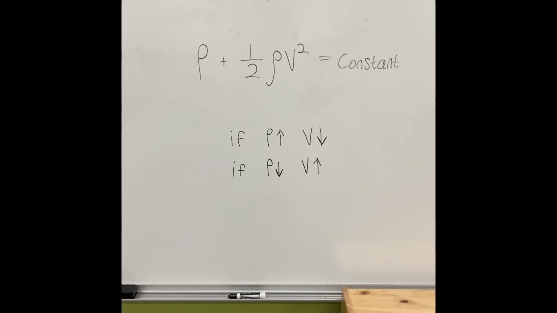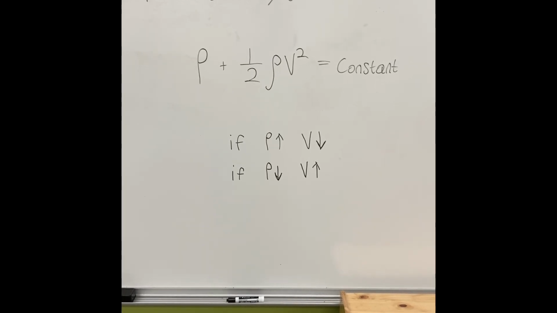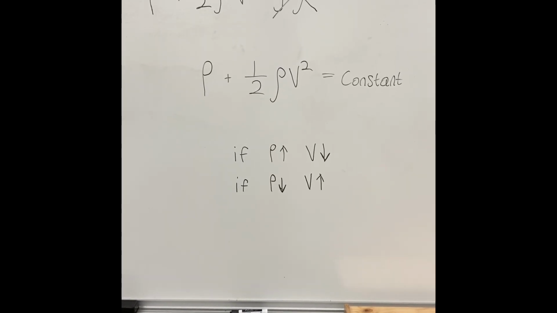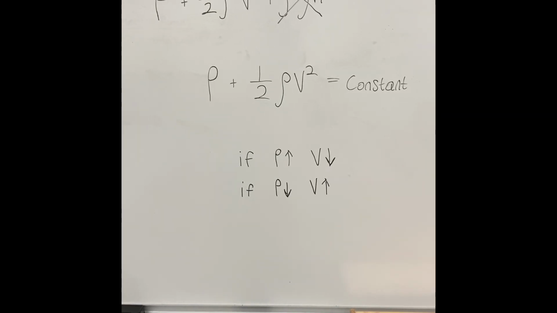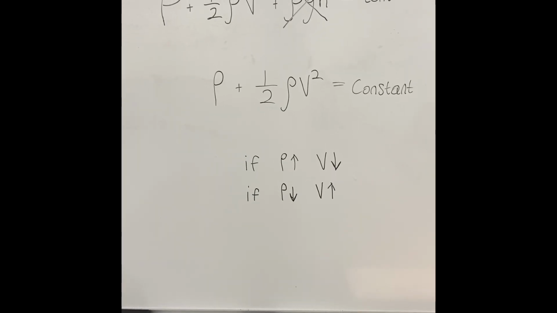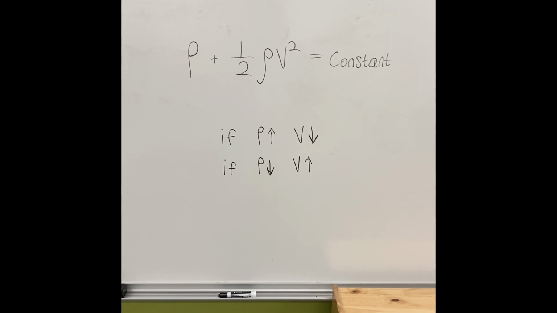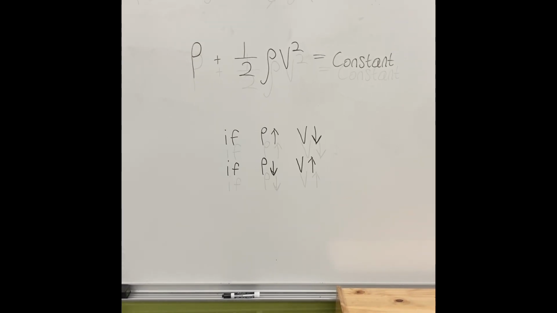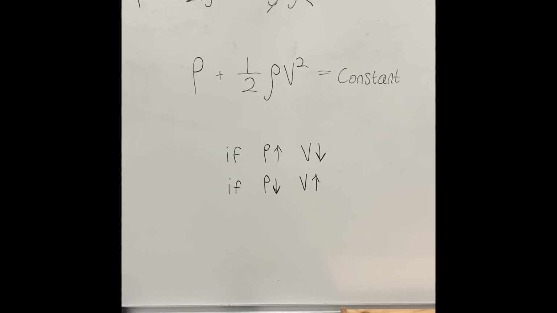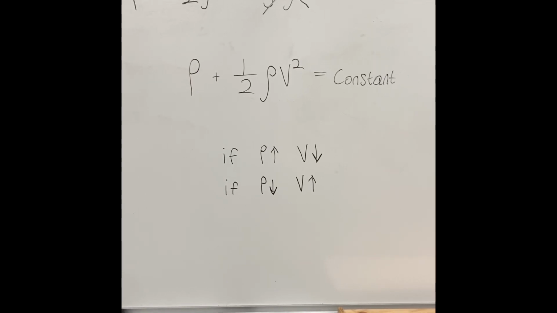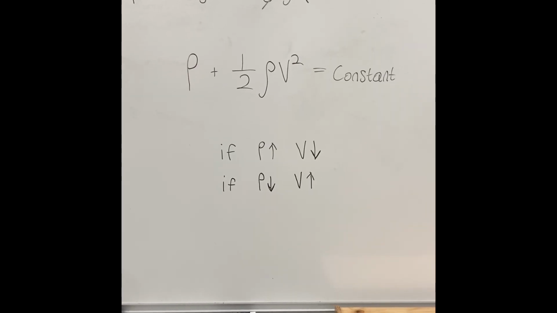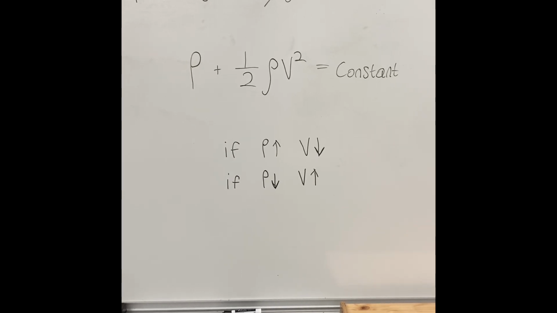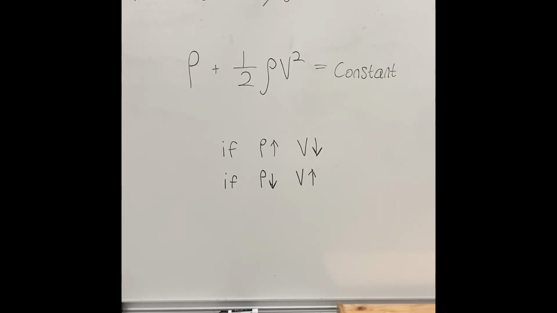The last term, rho GH, represents the gravitational potential energy of the fluid and is negligible for this experiment compared to the much larger values of the air's velocity and pressure, because there is very little change to the fluid's height relative to the ground and/or its density. This leaves us with the pressure and velocity terms, which equal some constant value. So if the pressure rises, the velocity must fall, and if the pressure falls, the velocity must rise.